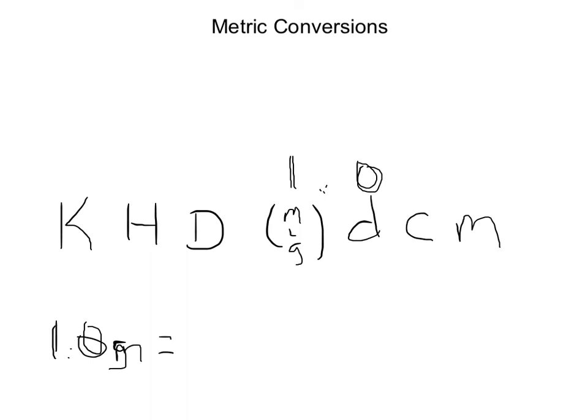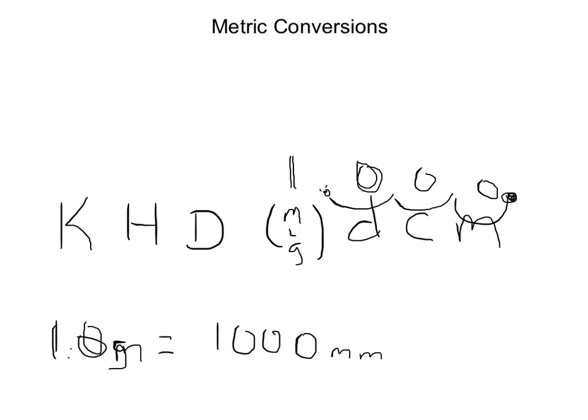So let's go ahead and move this decimal to the millimeters. 1, 2, 3. And our new spot for our decimal is right here. So every little space we're going to fill with a 0. And so 1 meter is equal to 1,000 millimeters.